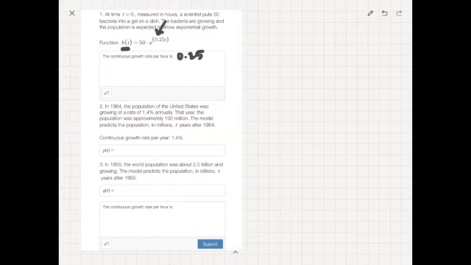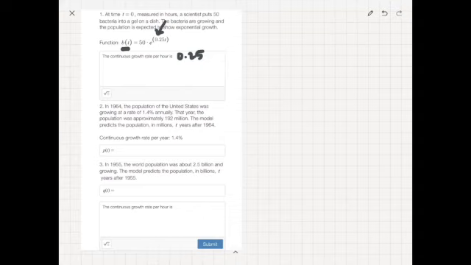Okay, and number 2, in 1964, the population of the United States was growing at a rate of 1.4% annually. That year, the population was approximately 192 million. The model predicts the population in millions t years after 1964. So they identified the continuous growth rate for us per year as 1.4%.